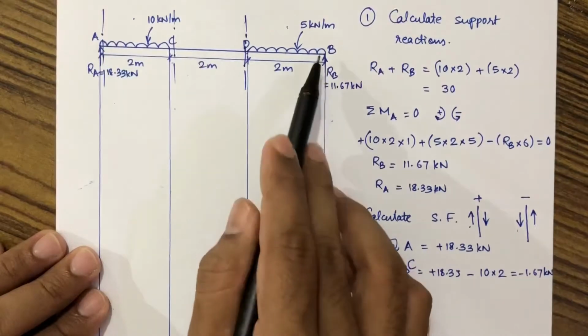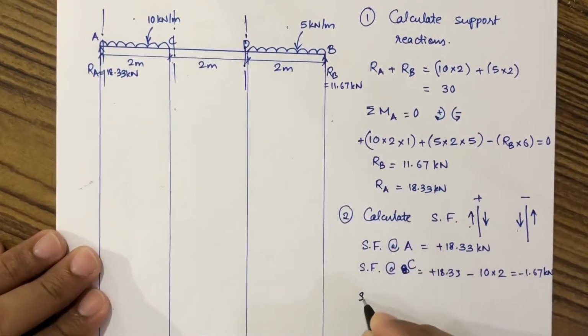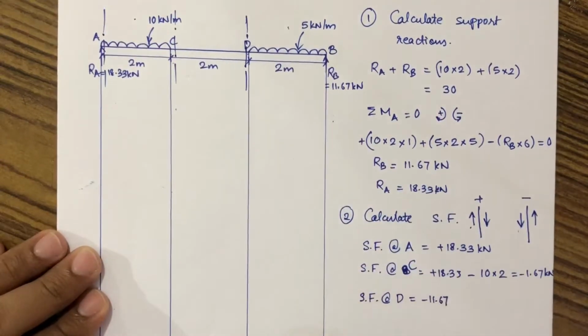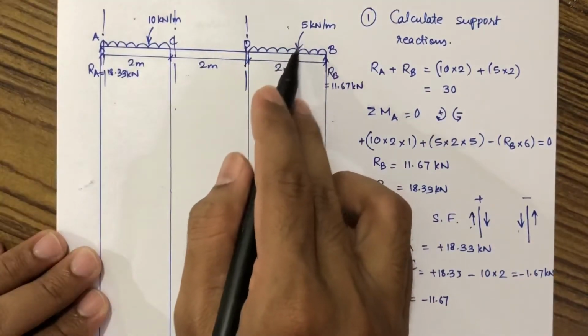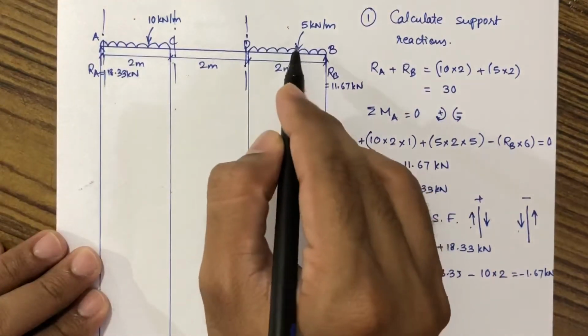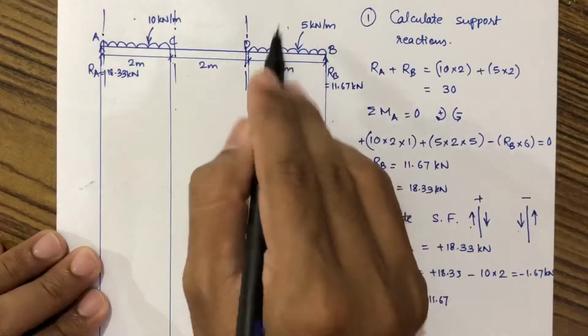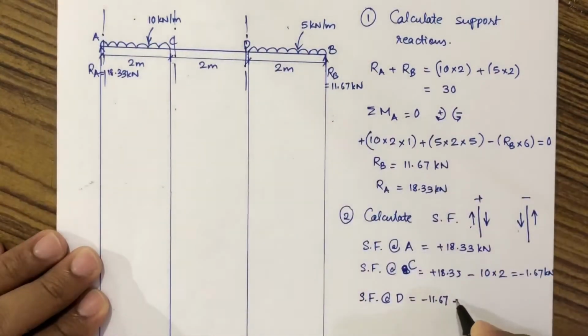So this is moving upwards, so this will be minus. So shear force at D is minus 11.67, and this point load will be downwards, and the magnitude of the point load will be 5 multiplied by 2. So that is plus 5 multiplied by 2, and this value also comes out to minus 1.67 kilonewton.